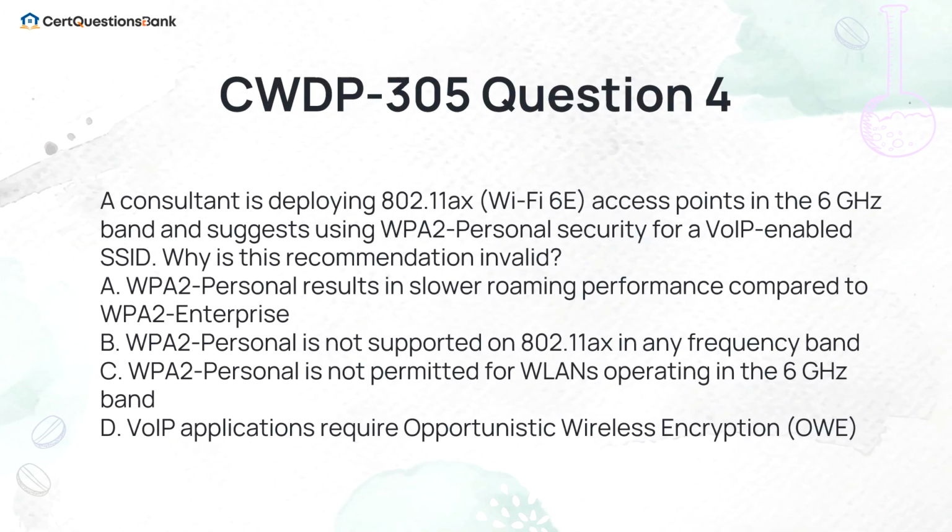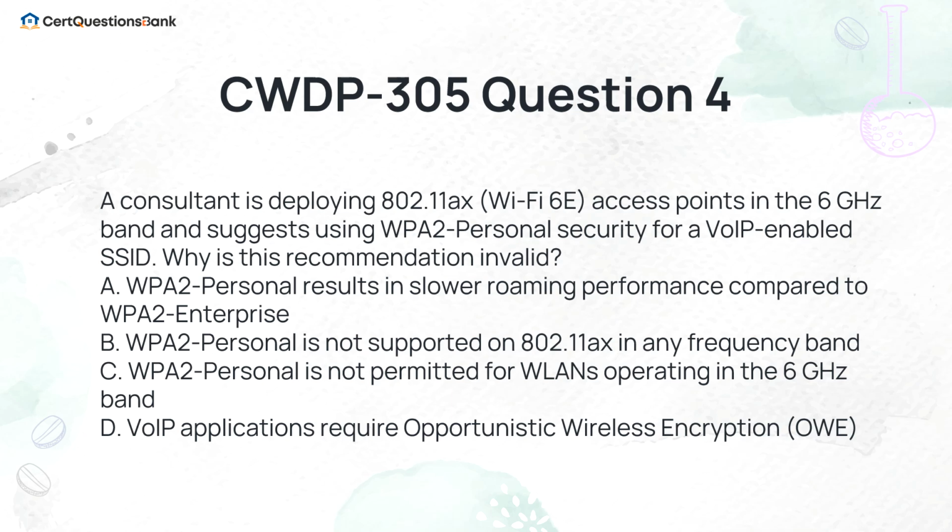A consultant is deploying 802.11ax Wi-Fi 6E access points in the 6 GHz band and suggests using WPA2-Personal security for a VoIP-enabled SSID. Why is this recommendation invalid?